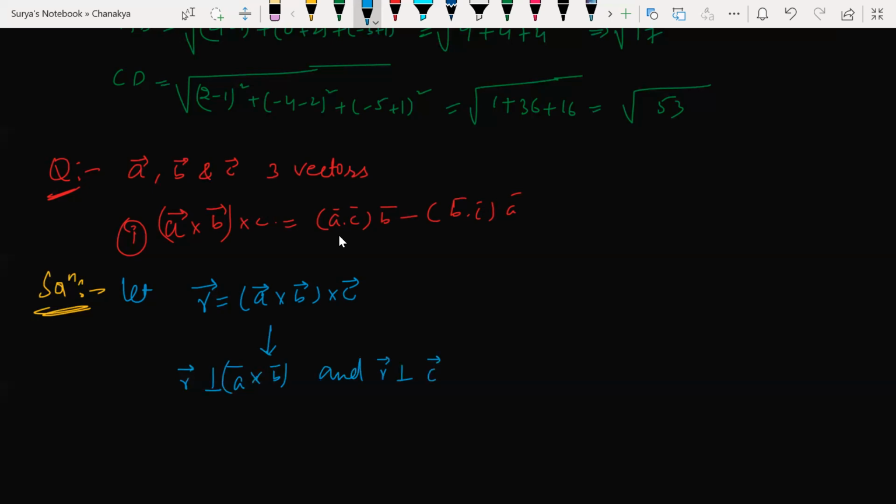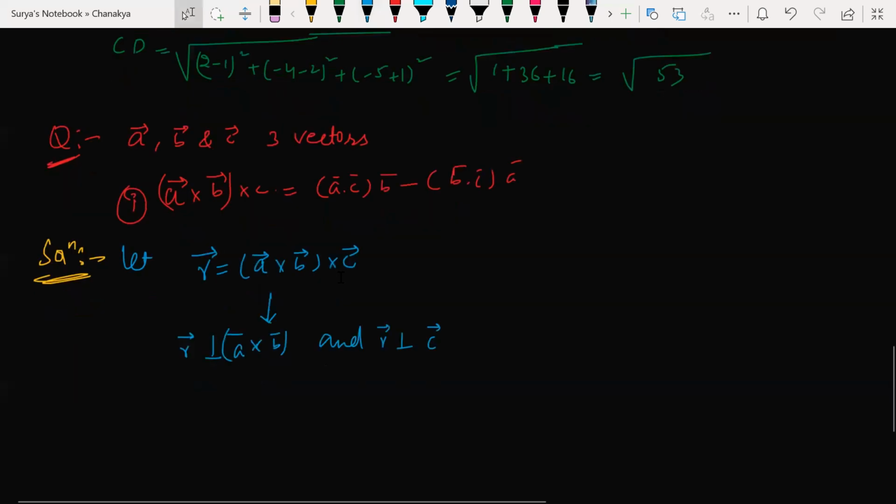Correct? The cross product of two vectors is a vector perpendicular to both vectors, which means R is perpendicular to this as well as to this. That is the meaning of that.